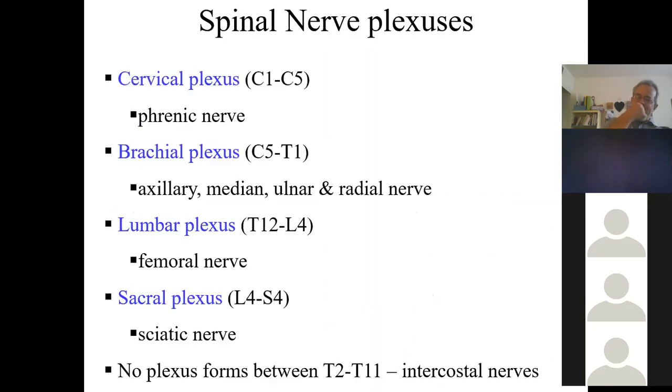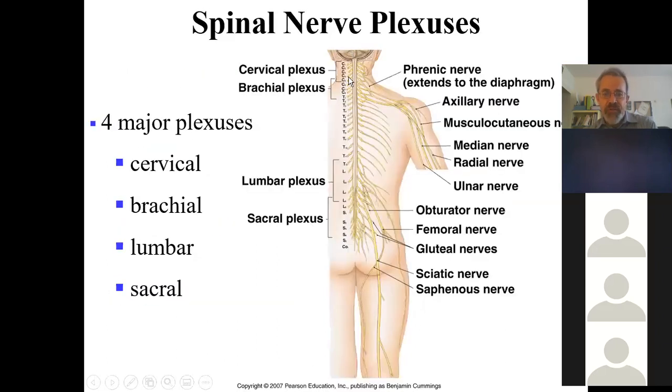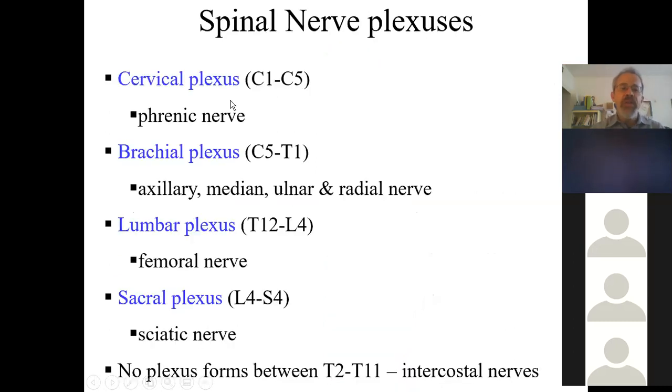All right. So what part of the cervical region do we have the cervical plexus? Primarily between the C1 to C5 region. So remember there's 8 cervical nerves. The first 5 are part of the cervical plexus. And the main one, I want you to know specific nerves that are part of this region.